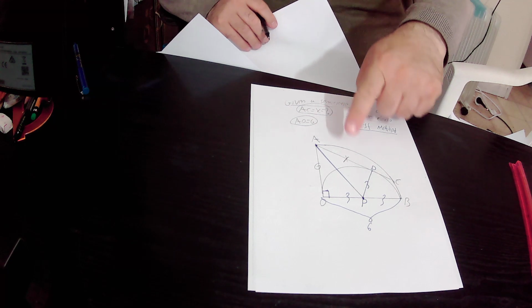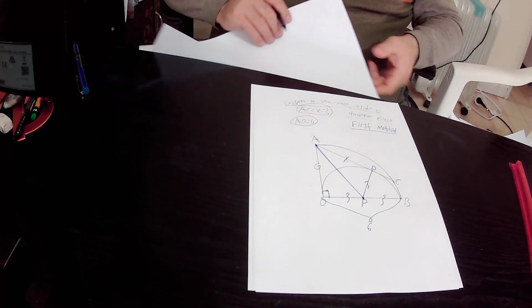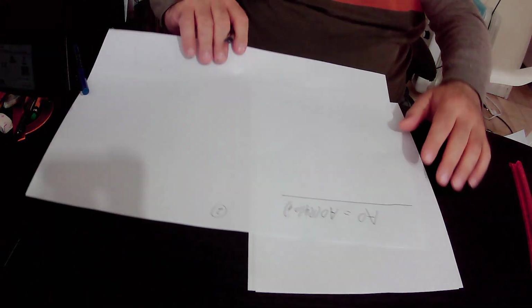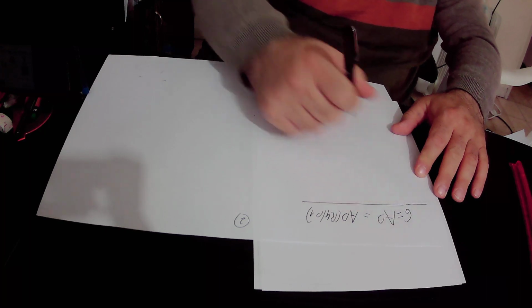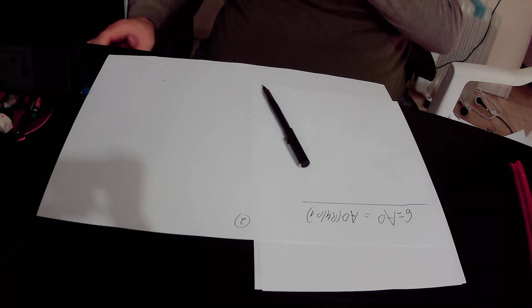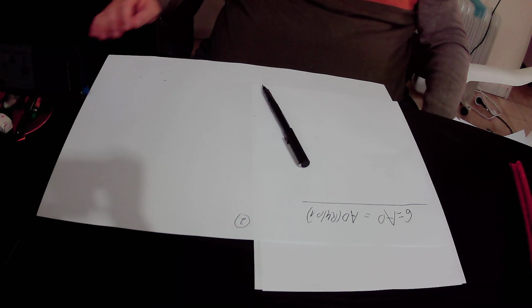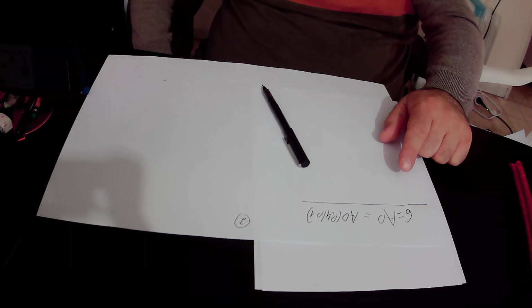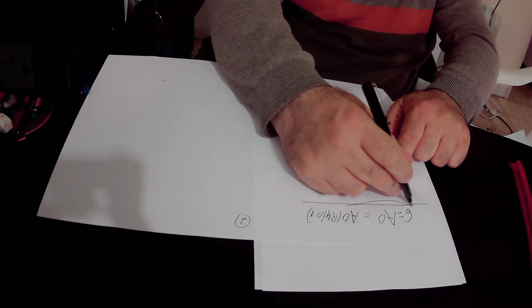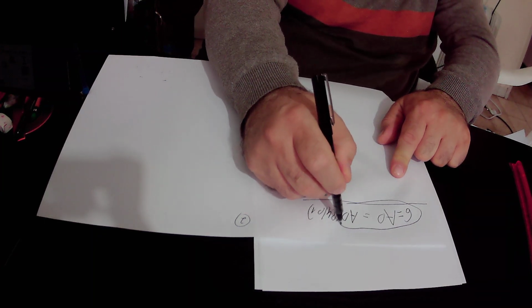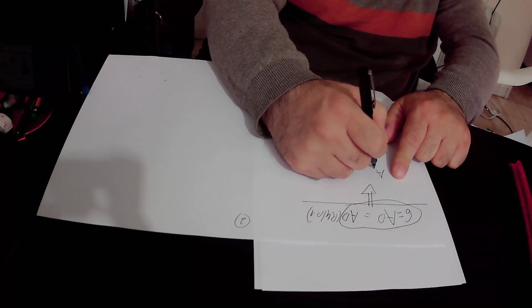But here it is given in the question that AO equals 6 units. So we can write here that AO equals 6 units. And from this equation, 6 equals AO equals AD, we will derive that AD is also equal to 6 units.